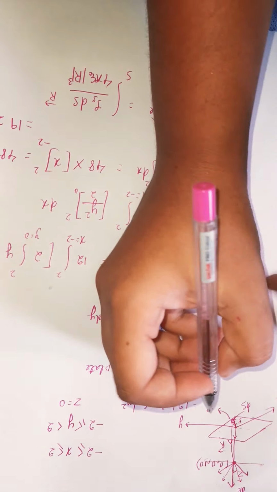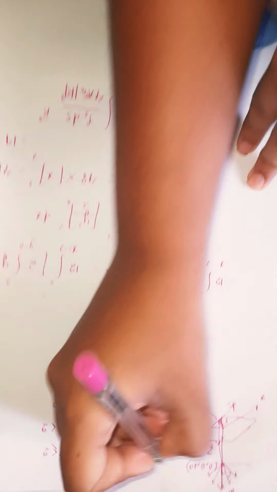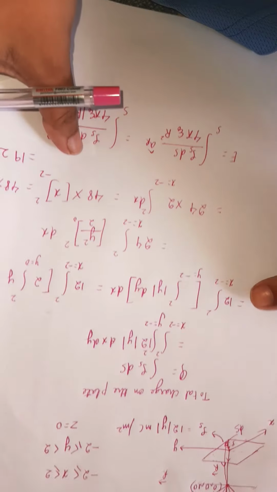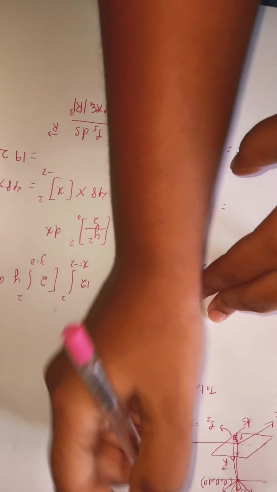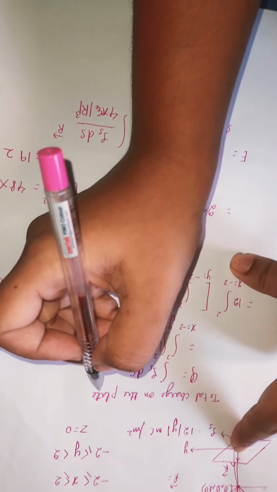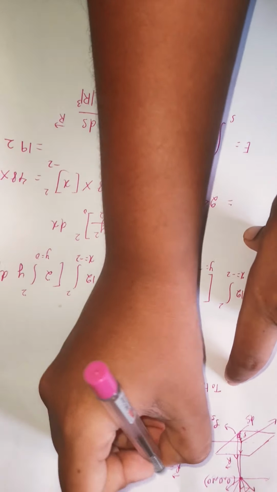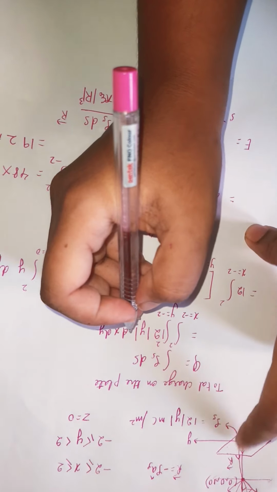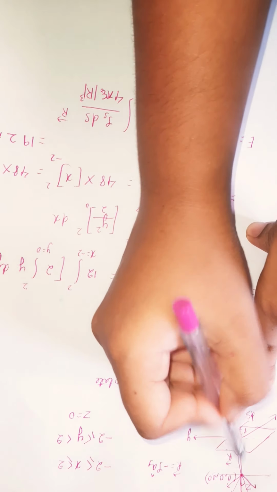Let me write it out for you here. R is equal to, we are going in this direction, opposite to the a_rho direction, so I can write minus rho a_rho. You can see this is a triangle, right?